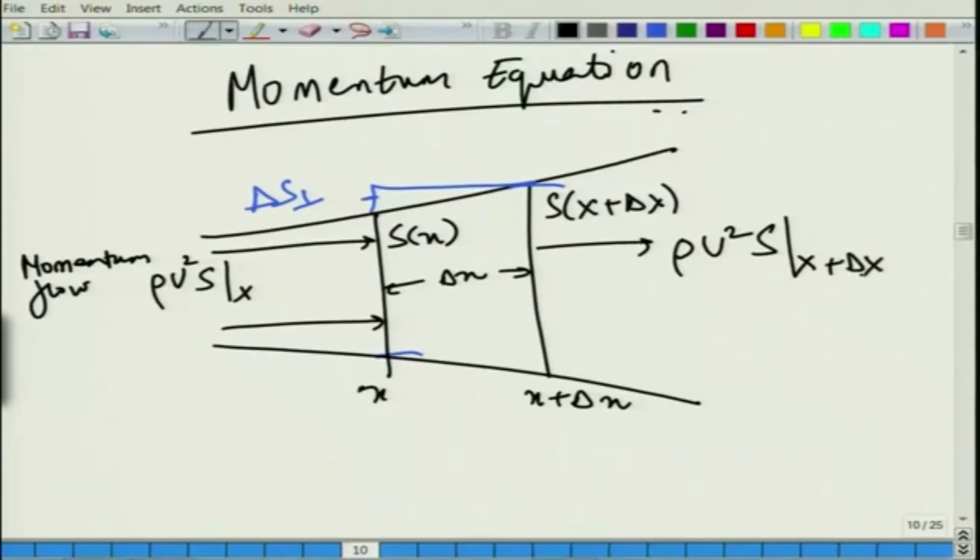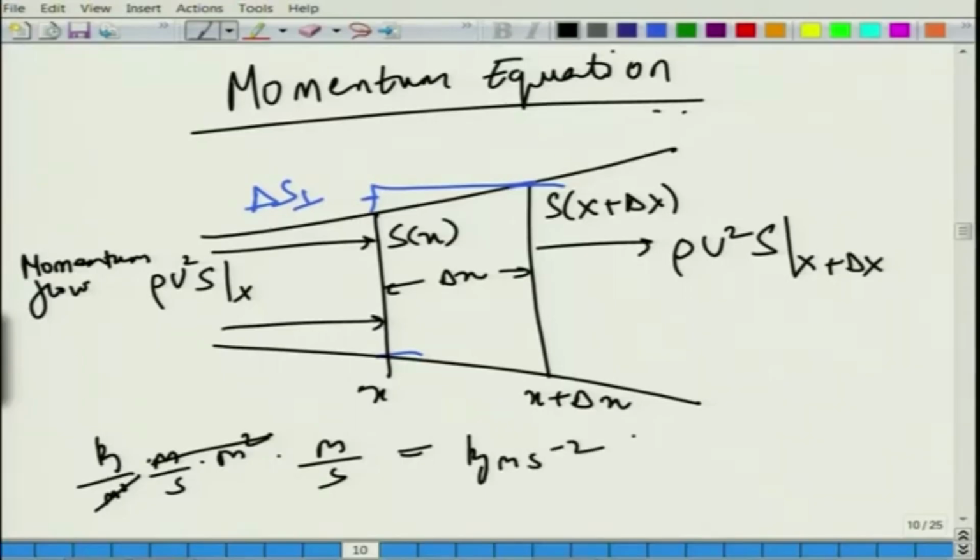Now, let me reiterate, if some of you have missed the first few lectures, what is the unit of rho u S? It is kg per meter cube, per meter per second, into meter square, and if you further multiply by meter per second, all these get cancelled, and you are eventually left with kg meter per second square. I am just trying to verify the dimensionality of this term.